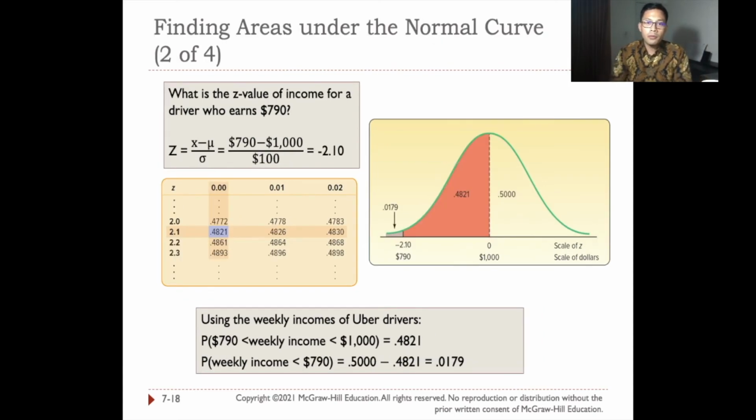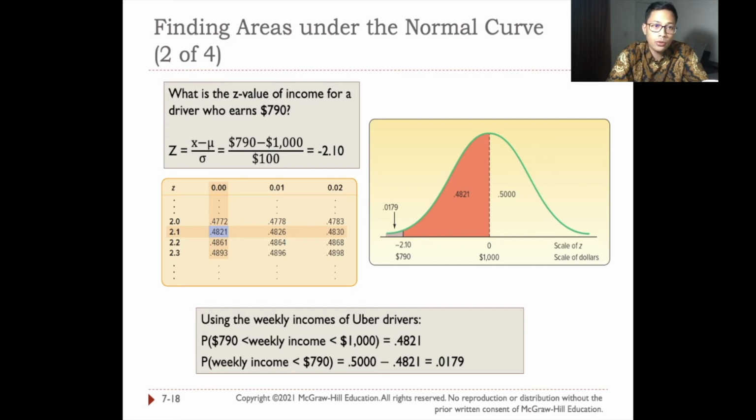Okay, now the next question is, what about the z value of income for a driver who earns 790? In this particular case, the z-score is going to be x minus mu divided by sigma, which is 790 minus 1,000 divided by 100, which is negative 2.1.